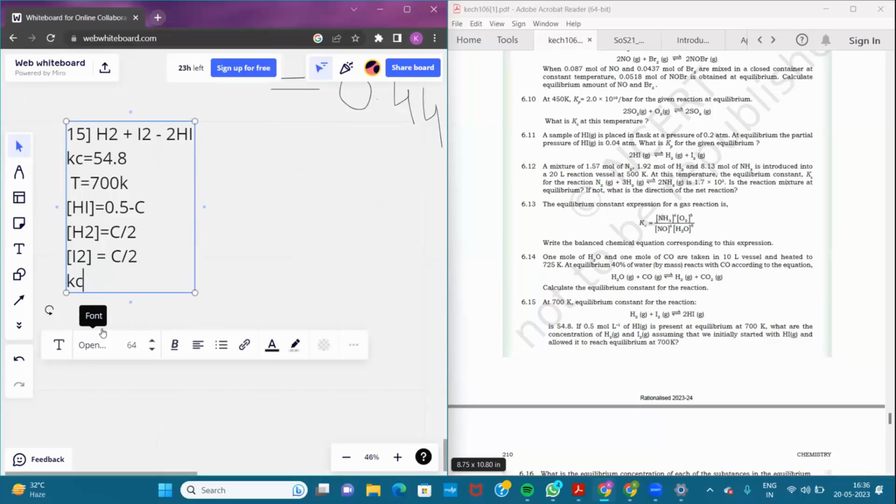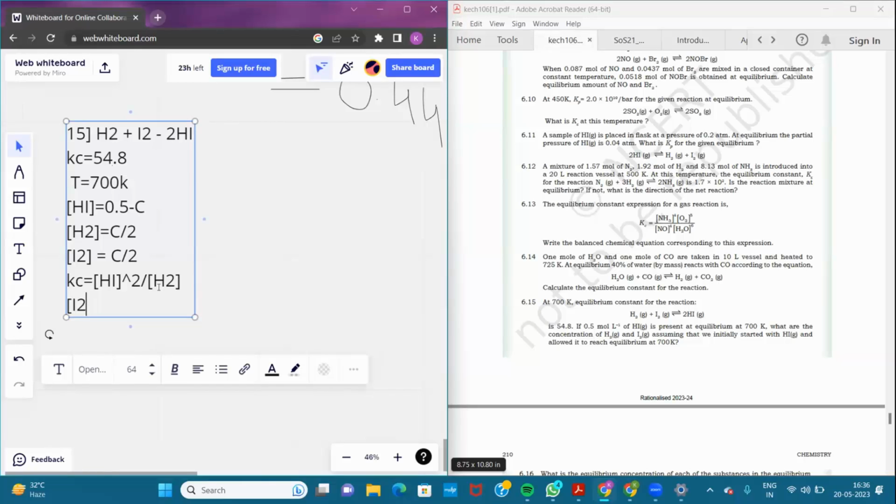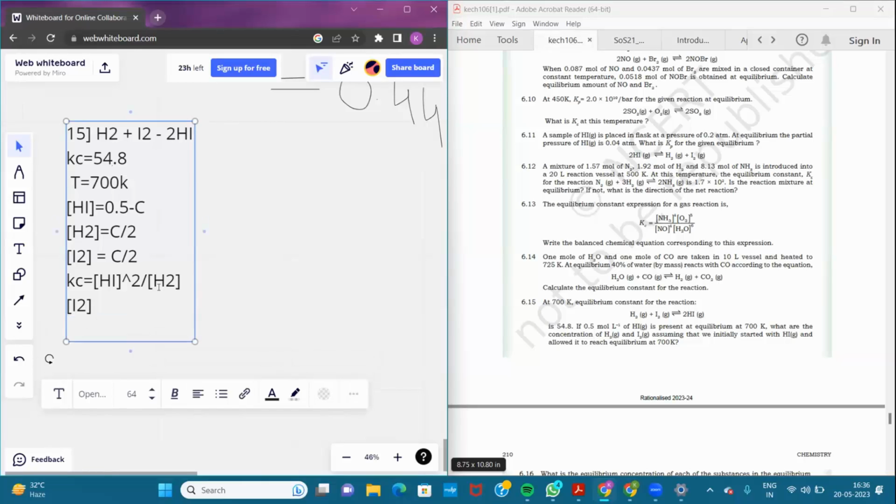From the Kc expression, Kc is for that forward reaction, so we'll directly write that forward reaction divided by H2 into I2. So Kc is 54.8.